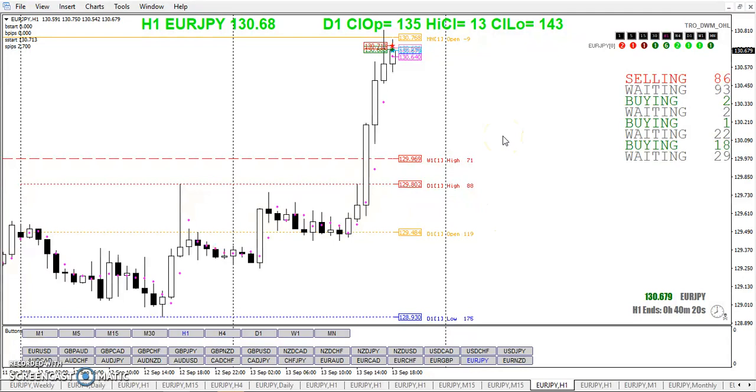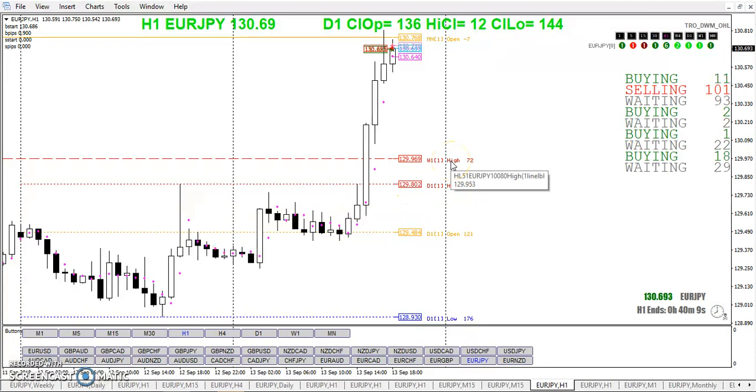And the previous daily, weekly, monthly, open, high, low. Once again, you can see here we took out the daily, previous day, previous week. And there's the previous month's open right there.